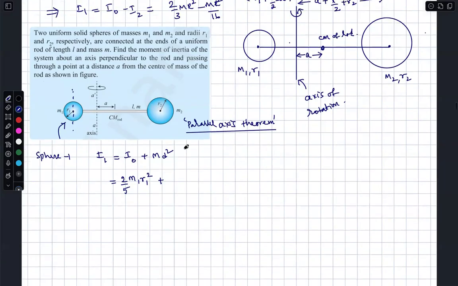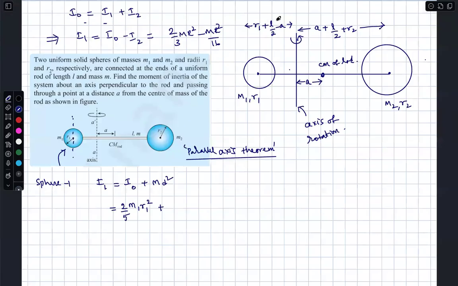How far is this? We have written here, no? So it is M1 times (R1 plus L by 2 minus a) whole square.